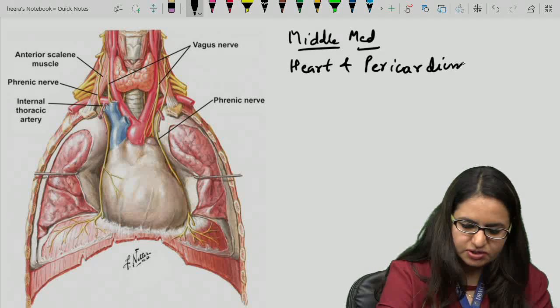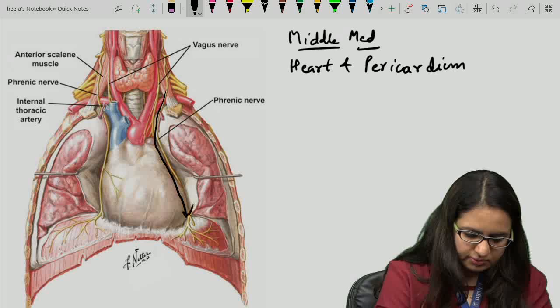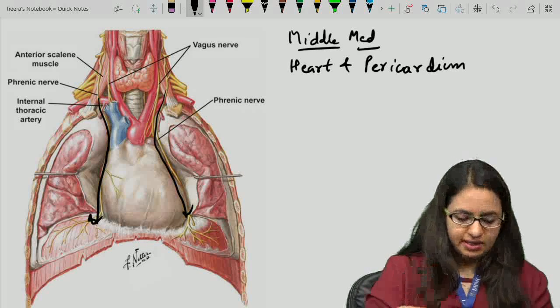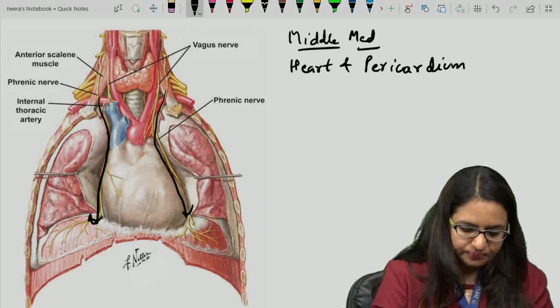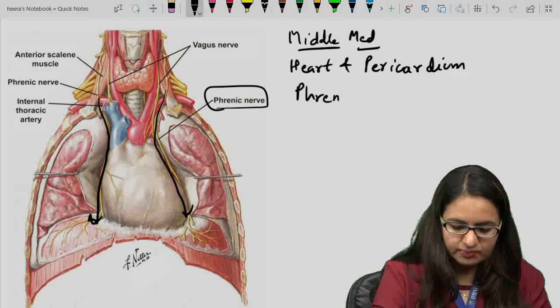Along with that we can see a nerve running with it. This is the phrenic nerve, which comes from the neck and goes down to the diaphragm. The phrenic nerve is present in the middle mediastinum.